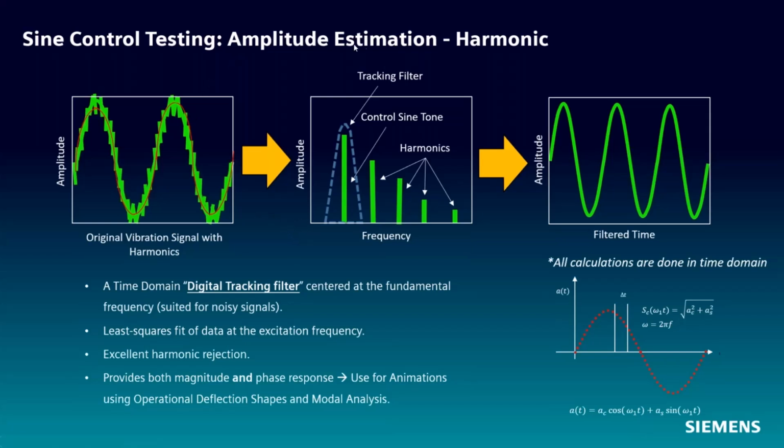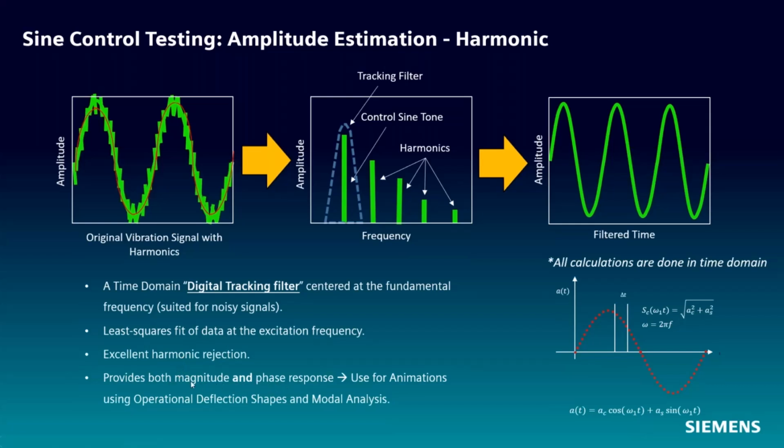So the first amplitude estimation method is harmonic. You can think of this as a constantly moving bandpass filter that's being applied to the time data. It suppresses all of the harmonics in the sine signal. We get this green junk in, and we get this nice sine wave on the other end going through the filter. We get really great harmonic rejection here.